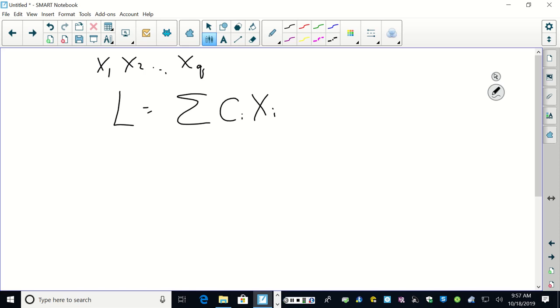So this is a linear combination of x's. This could be an average, could be a difference of two, could be selecting a particular one depending on how you set these multipliers in there.